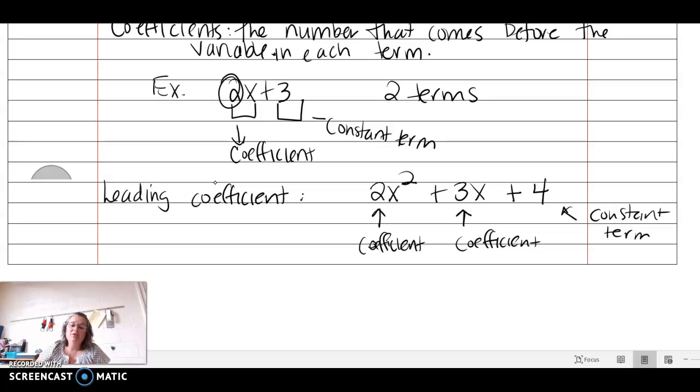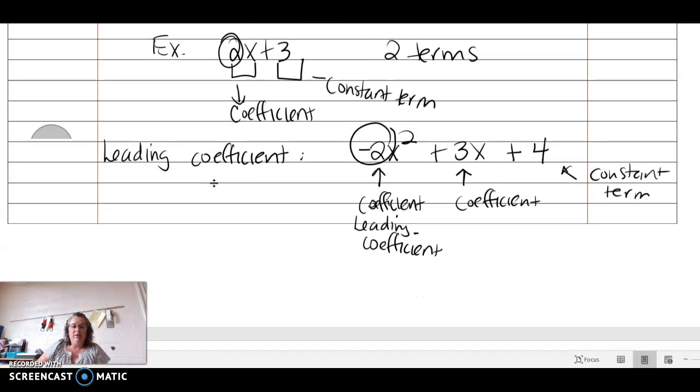But because we have the number 2 up here in the front, this one happens to be your leading coefficient. We can talk more about that stuff later, but your 2 and the 3 are your coefficients. And we always take the sign in front. So if you have a negative 2 here, your negative 2 would be your coefficient.